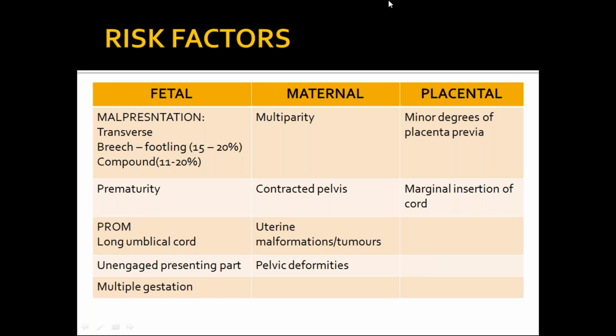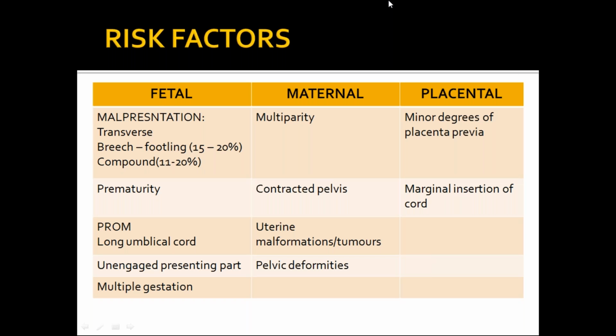If the presenting part is unengaged, not tightly fit into the lower uterine segment, there will be a gap and there are chances for prolapse. Then comes multiple gestation. So fetal conditions will be transverse lie, breech, prematurity, PROM, long umbilical cord, unengaged presenting part, and multiple gestation.